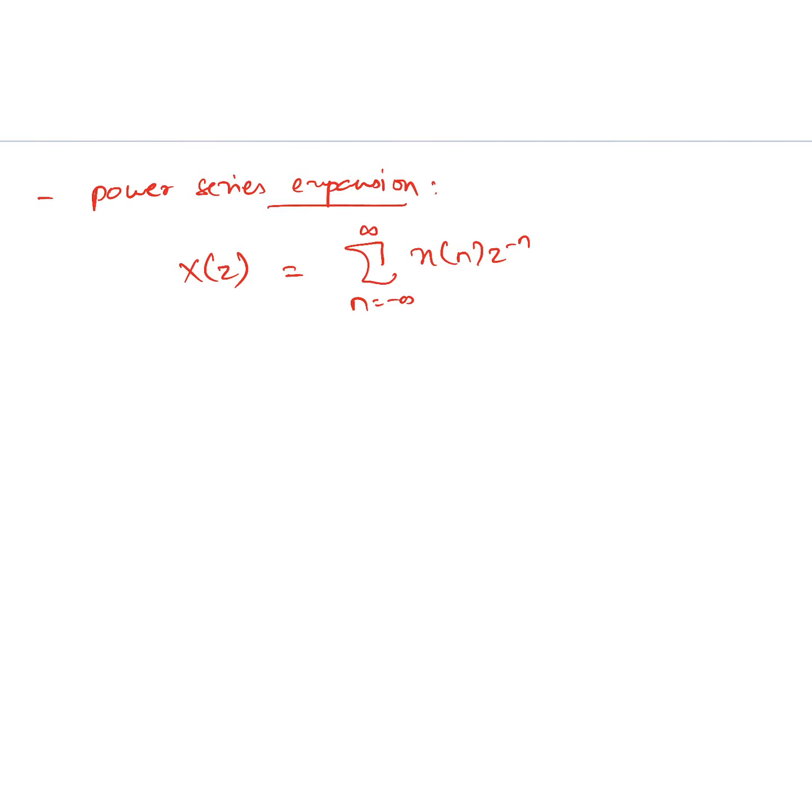On the right hand side you would see that this is nothing but a Laurent series, where the sequence values x of n are the coefficients of z to the power minus n.